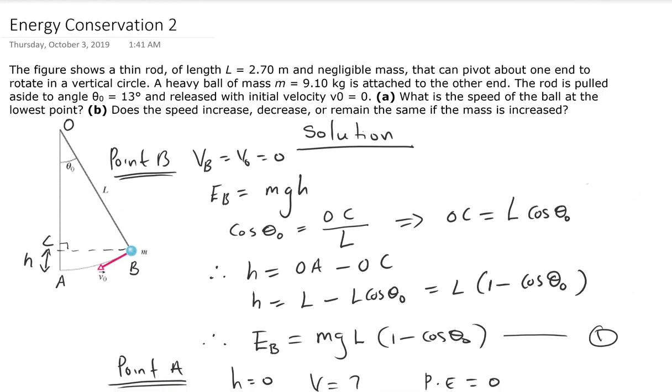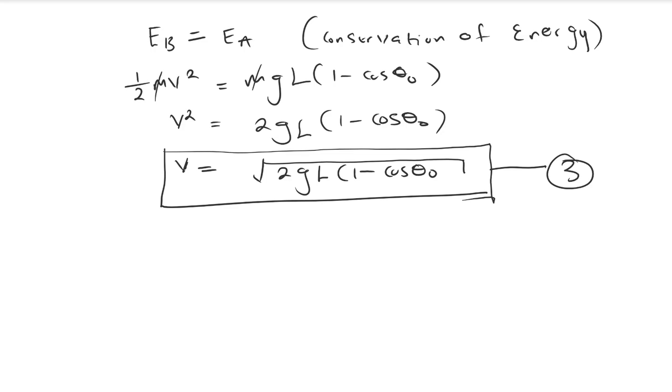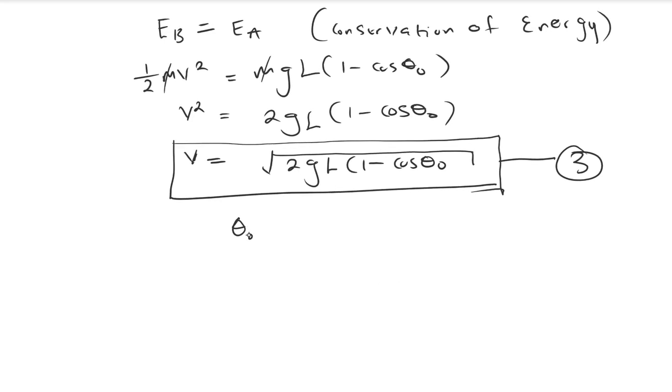Now for this specific question, theta is 13 degrees and the length is 2.7. We don't need the mass, so we substitute theta naught equal to 13 degrees and L equal to 2.70 meters.